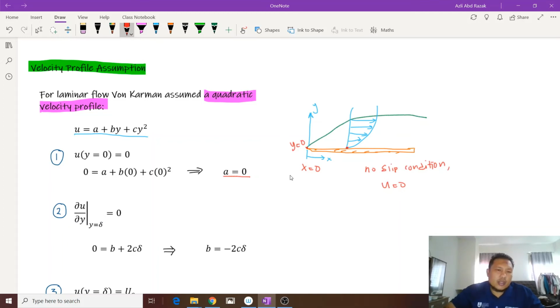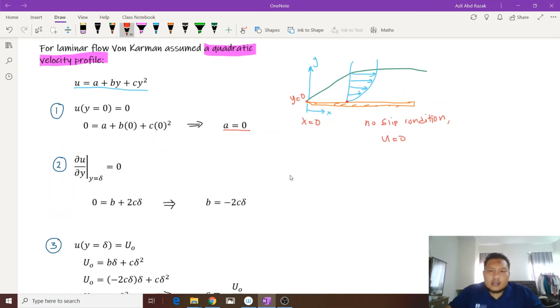Next, let's say now the velocity, this is the delta. This is the boundary layer thickness. I put this as delta, the boundary layer thickness. At this position, if we differentiate the velocity with respect to y at this point, because there is no change in the velocity above the boundary layer.